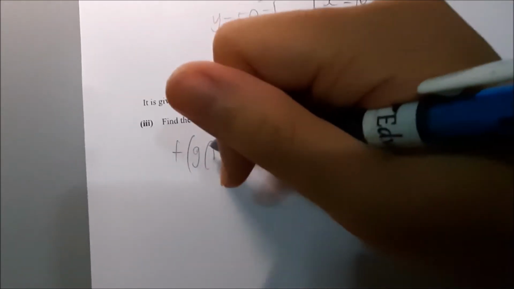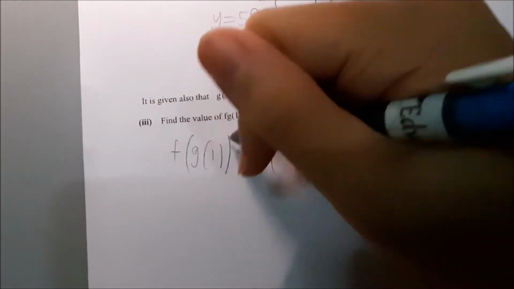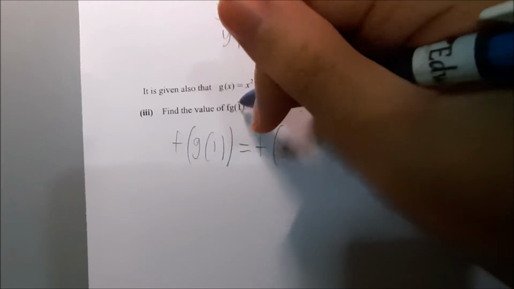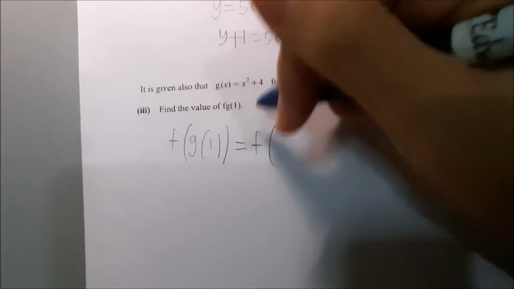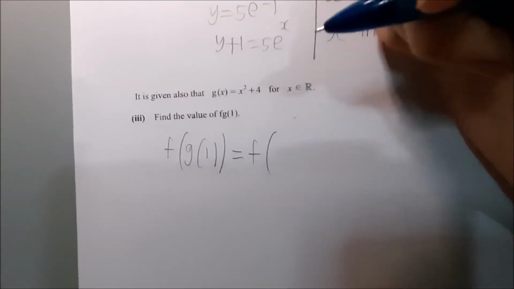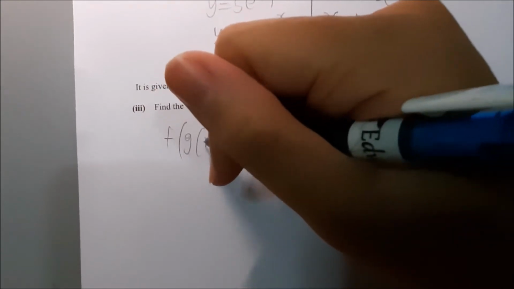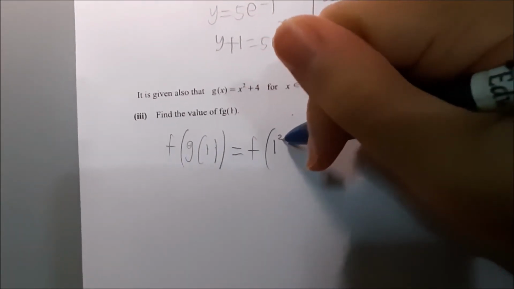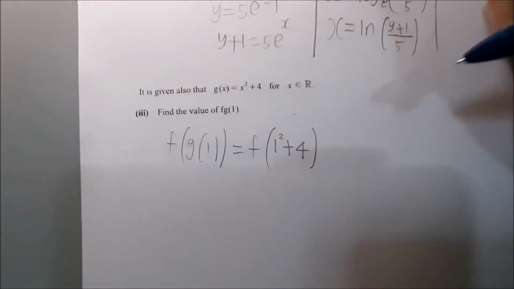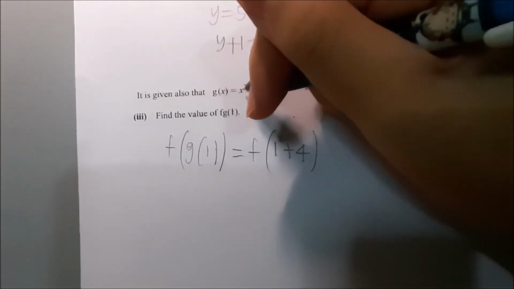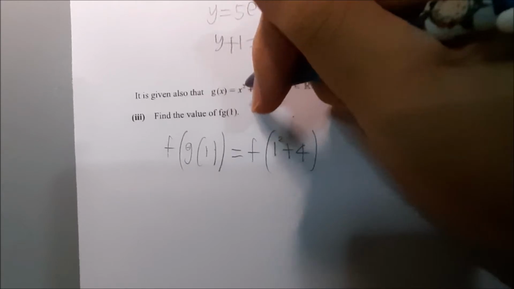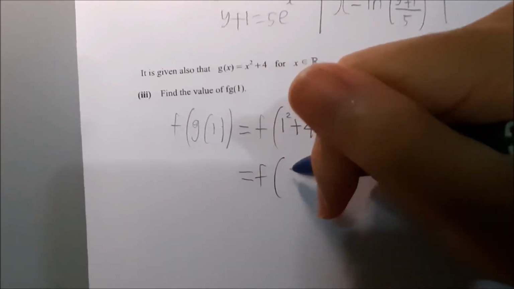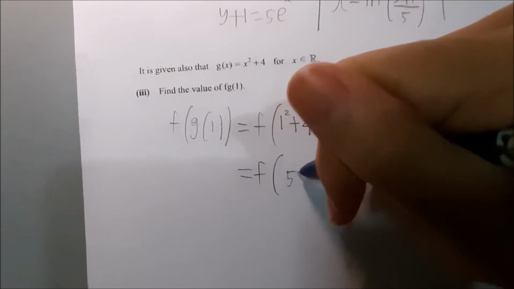When there's a number inside the bracket and not the x, it means the number is replacing the x, so it's substituting for the x. So g(1) means 1 squared plus 4, which is 1 plus 4, so 5.